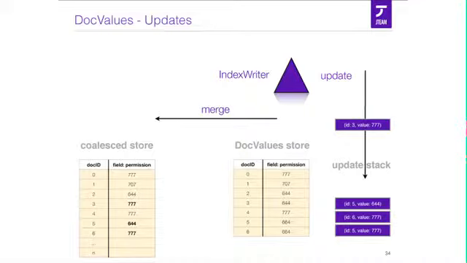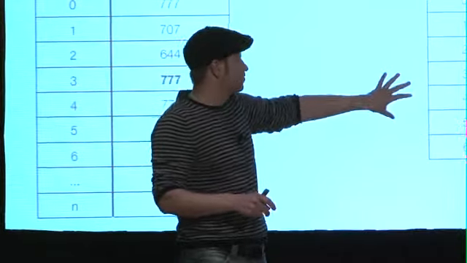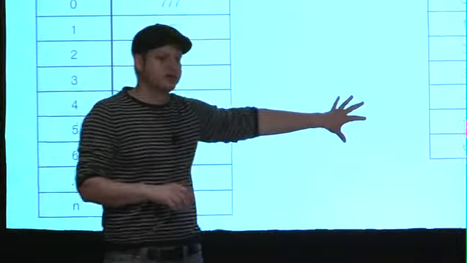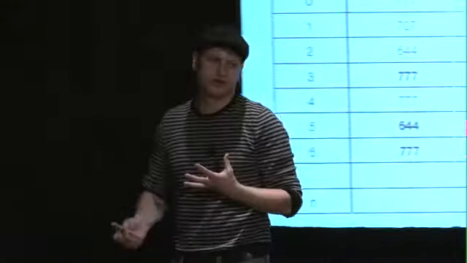And the DocValues implementation is smart enough to actually represent the updated values in memory once you reload your DocValues. There's going to be a dedicated API for this on IndexWriter. So it's not fully fleshed out, but it's reasonably close.